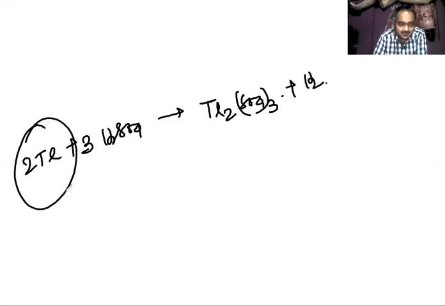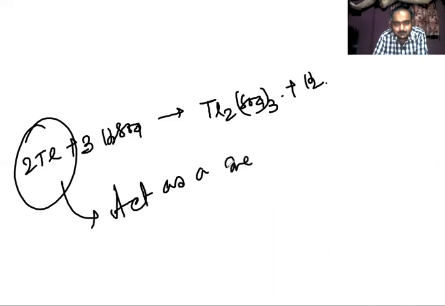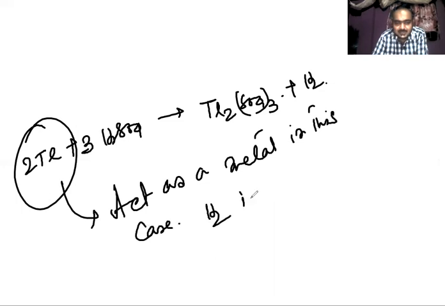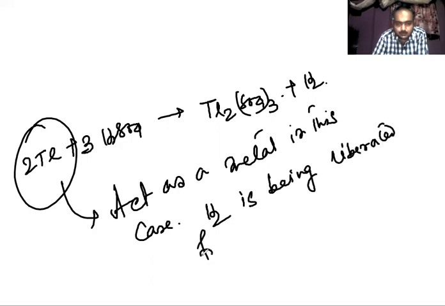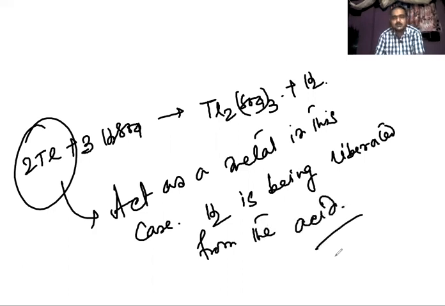So thallium acts as a metal in this case, as we can see, hydrogen is being liberated from the acid. So this is the general reaction of acids. We'll see them later. Now you can see the properties of oxides and hydroxides.